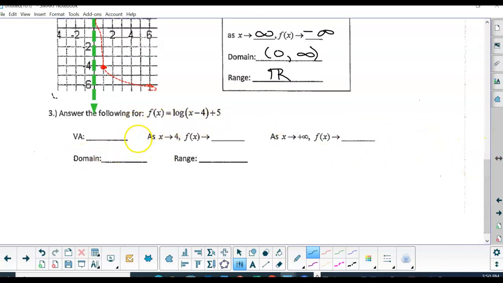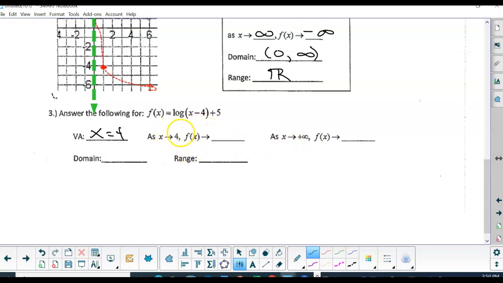This is a log function, and we have a shift to the right 4 spaces and a shift up of 5. So our vertical asymptote is going to shift over to 4, so x is going to equal 4.